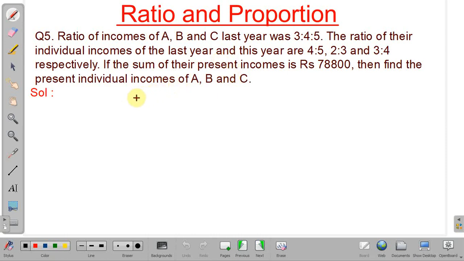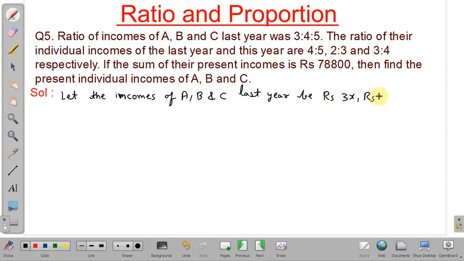So we will assume last year income on the basis of the given ratio. So let the incomes of A, B, and C last year be rupees 3x, rupees 4x, and rupees 5x respectively.